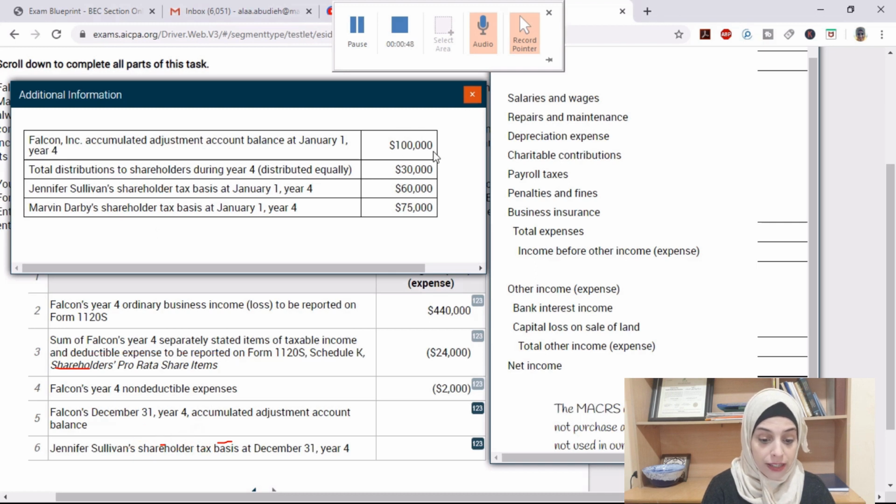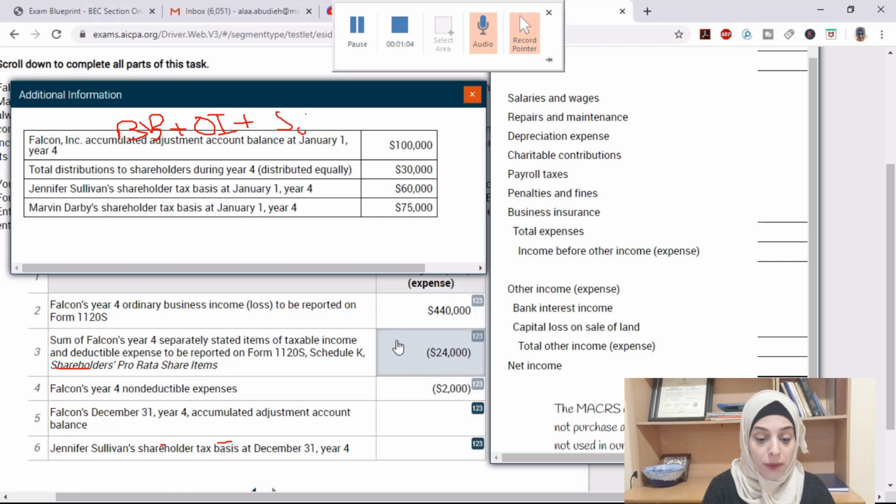So basically we're going to take the beginning accumulated adjustment account balance, which is already given in the question, $100,000, and we're going to add to it the ordinary business income of $440,000, which we computed here in item number 2, the first number here.